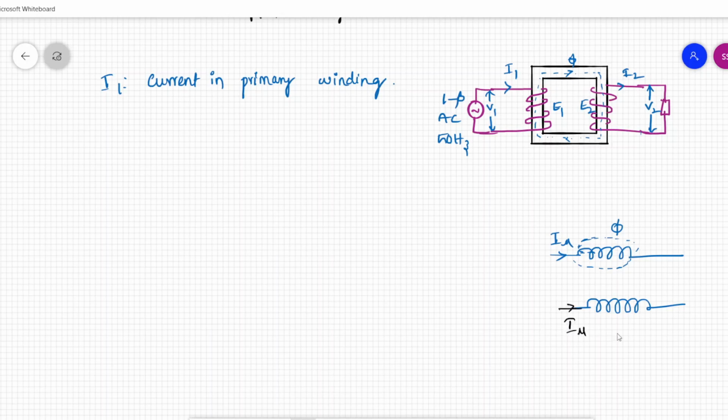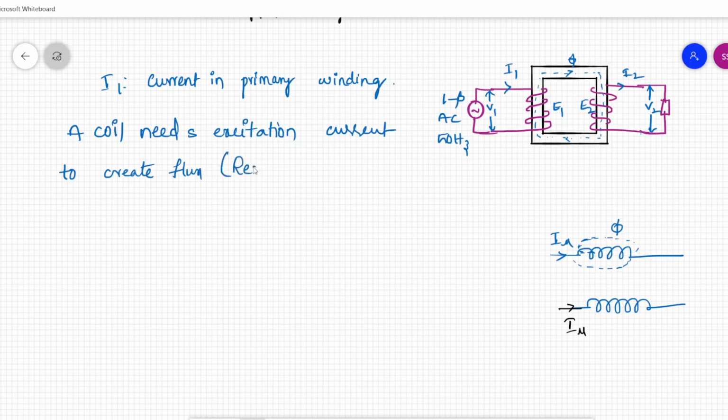That means a coil needs excitation current. This current I mu is called the excitation current to create flux. So here comes the reactive power concept in electrical engineering. Actually, this is the reactive power consumption of an inductor.